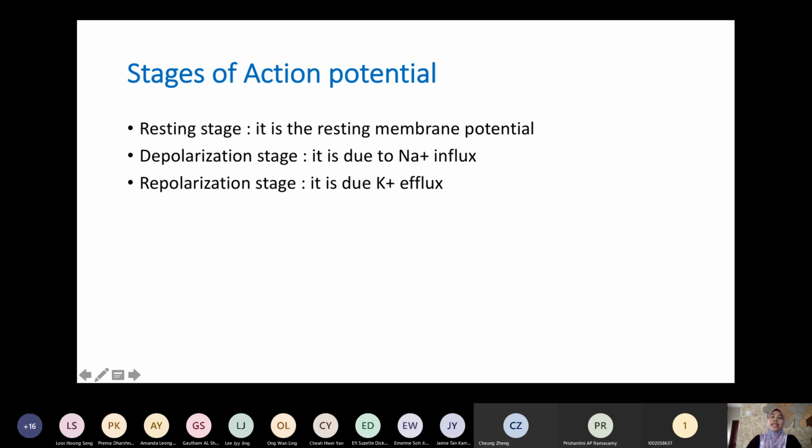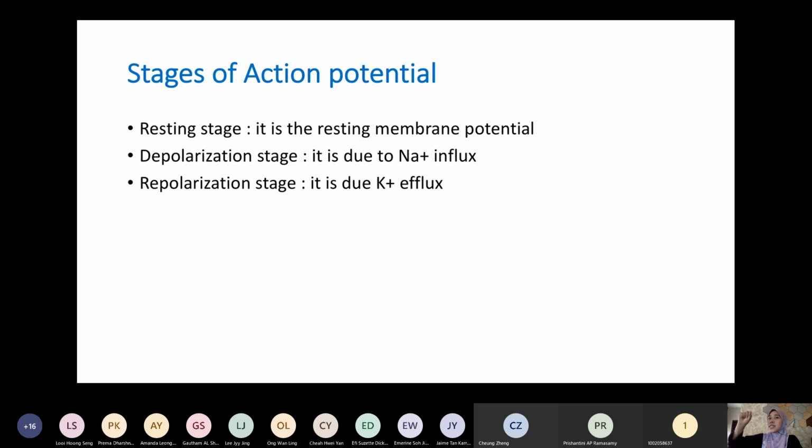All right, in the action potential we have 3 stages. The resting state at the beginning, and then when the cell is stimulated, it will start to depolarize and become less negative. And then when it is coming back to its original state, it will repolarize first because of the delayed potassium ion channels.